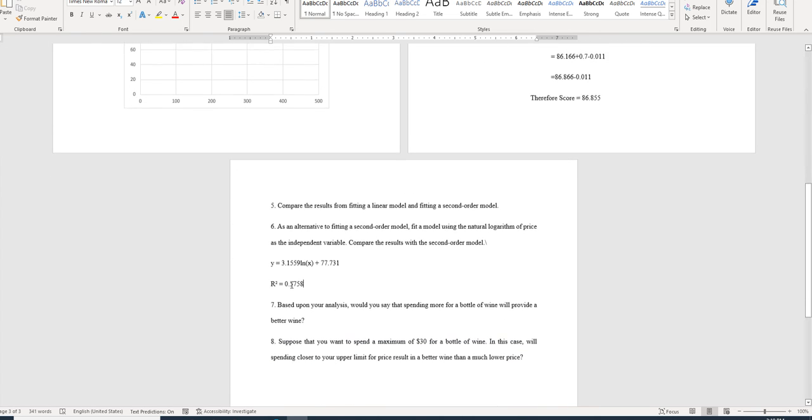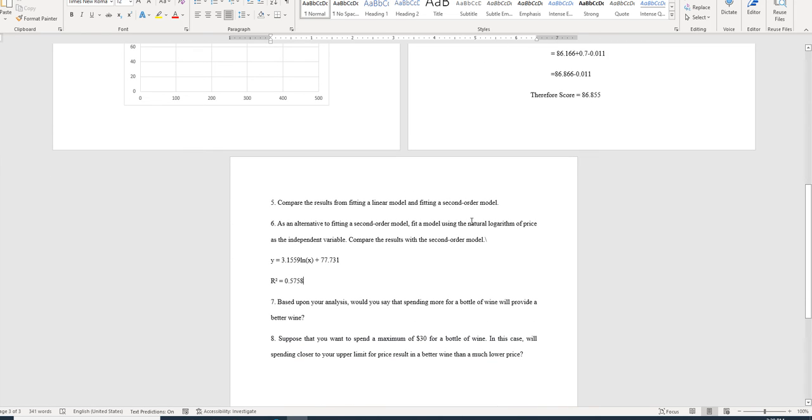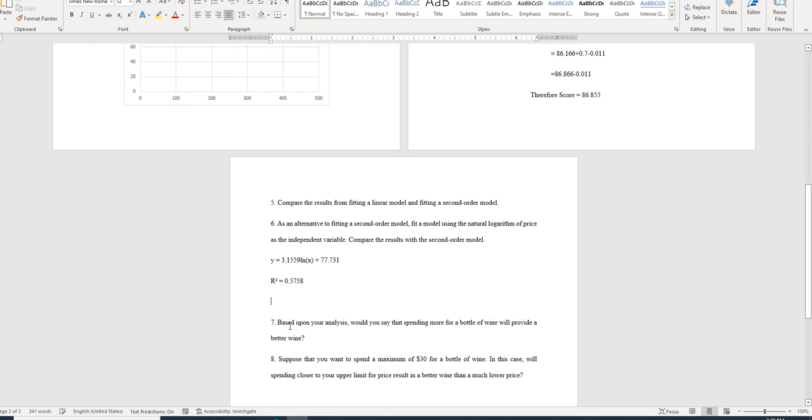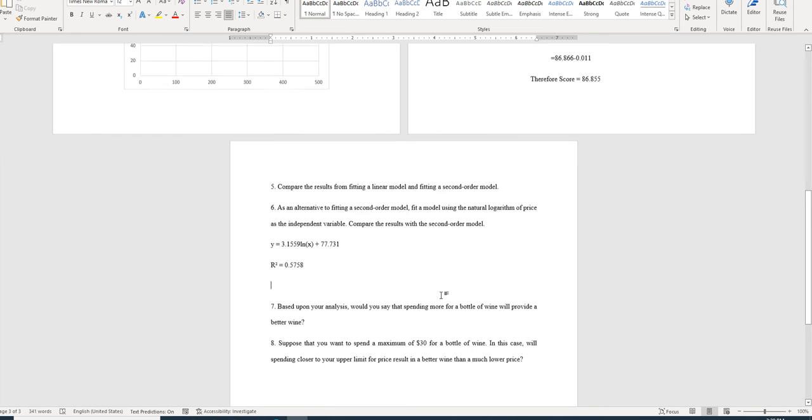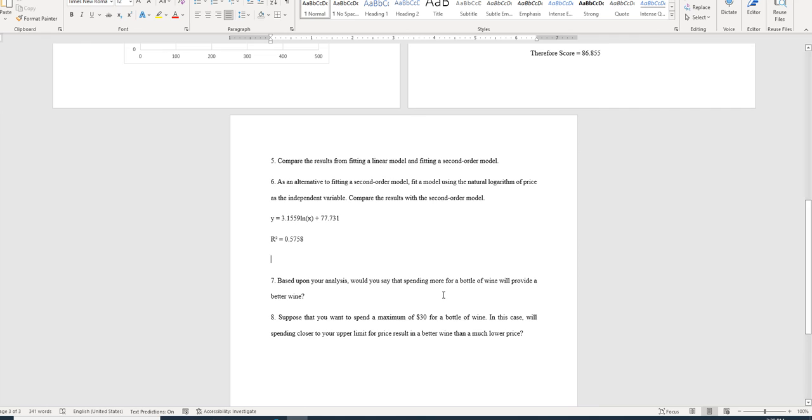So here, when we take the natural logarithm of price as the independent variable, it will provide better results. You are supposed to explain that, writing 2 to 3 sentences of explanation. Now finally, in the 7th question, based on your analysis, what would you say? Spending more for a bottle of wine will provide a better wine.